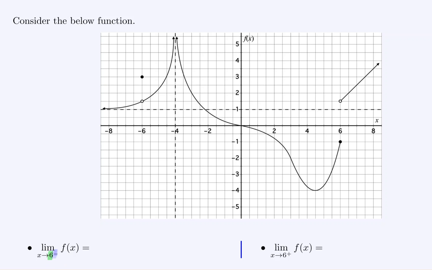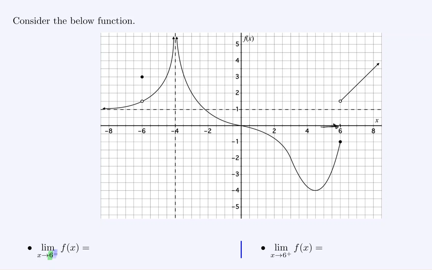Now, since it's in the superscript, it's not a negative symbol, right? It's just saying the limit as we approach from the left of 6. So let's find 6 on our graph. We have it here. So we're going to choose values smaller than 6, and we're going to get closer and closer to 6 and see what happens in the trend of output values.